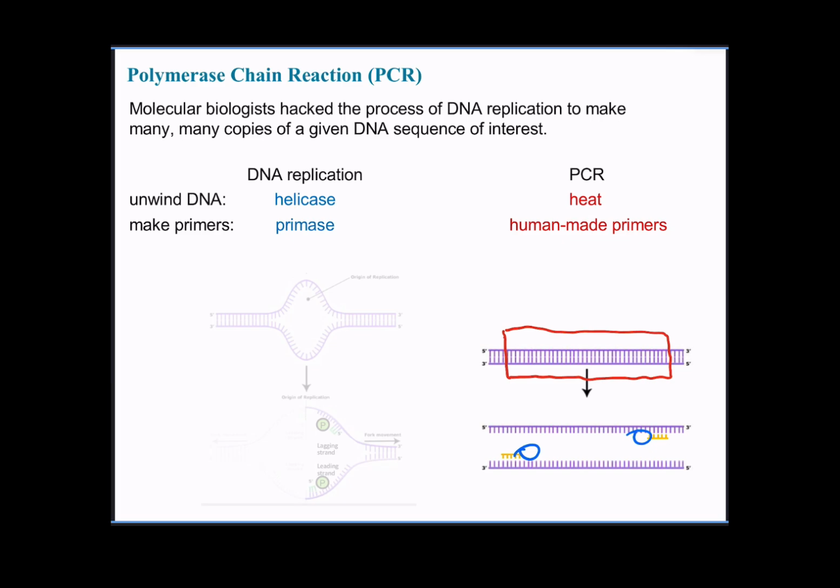The new DNA will be synthesized 5' to 3'. The top strand will be read, quote unquote, backwards from right to left, right? So the synthesis will still proceed 5' to 3'. Does that make sense?